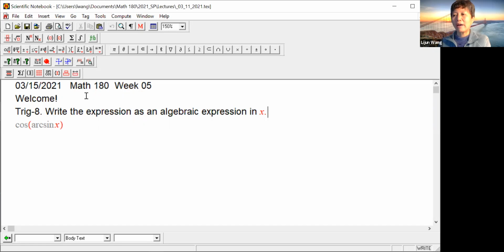Basically, you're going to have to rewrite this expression as an algebraic expression. What is an algebraic expression? It means you no longer have these trig functions show up anymore. The trig functions will disappear, so your final answer should not have any trig functions involved. That's what it meant.